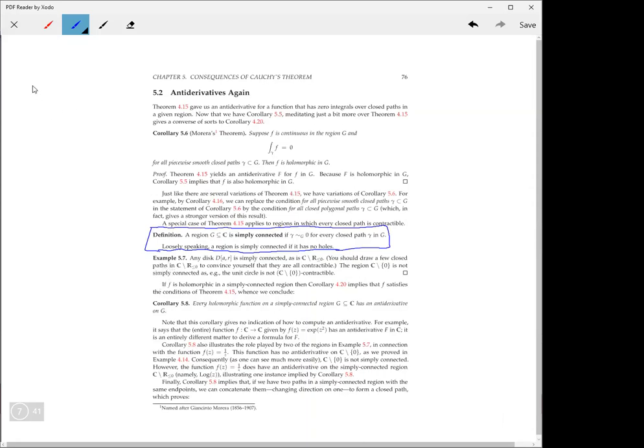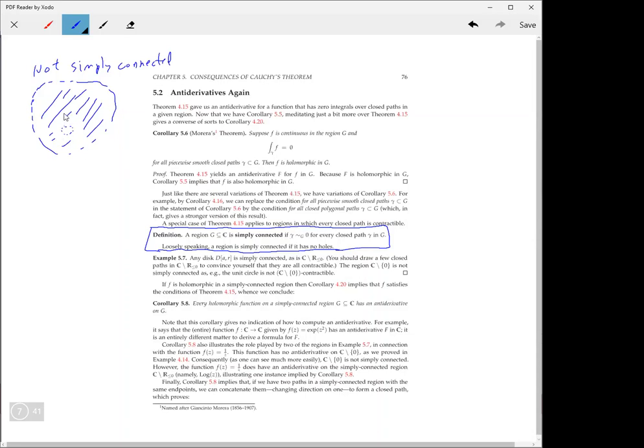Something that's not simply connected would be like Swiss cheese: if you exclude a piece, it's connected, but it's not simply connected because this piece is not included.